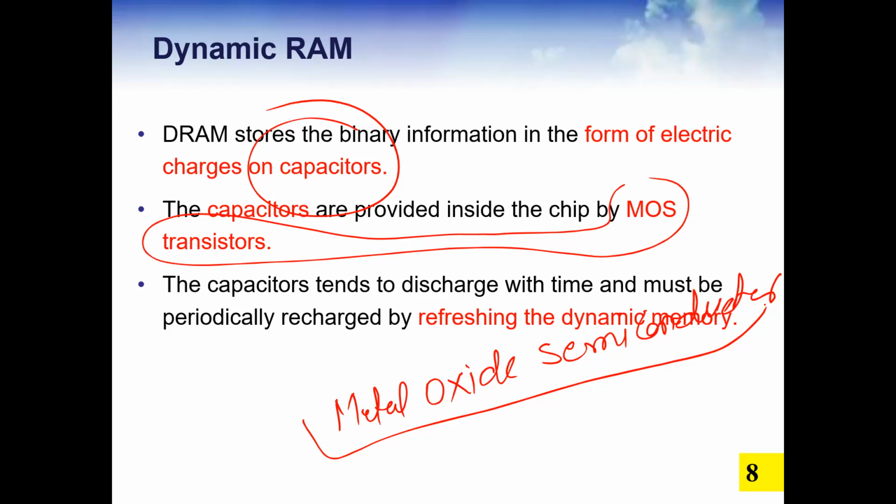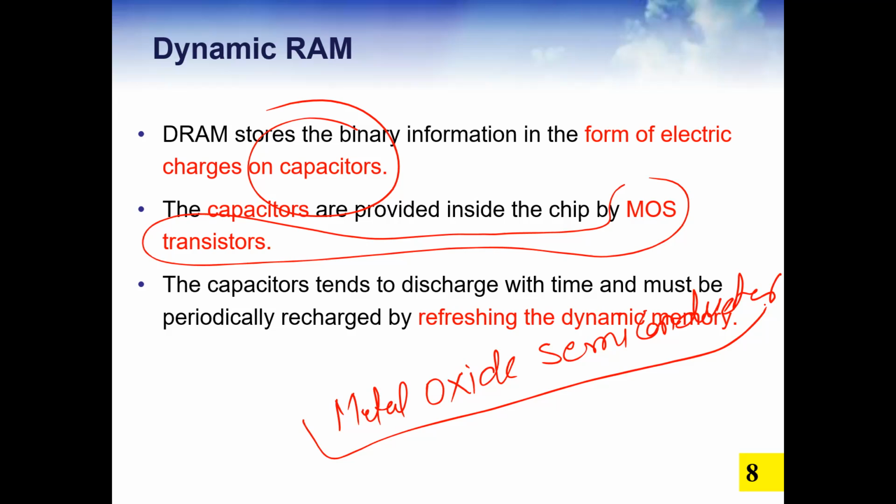You already studied the BJT in electronics. This is another category of transistors, the MOS transistors. It is made up of semiconductor technology, and it consists of two metallic plates that act as a capacitor.